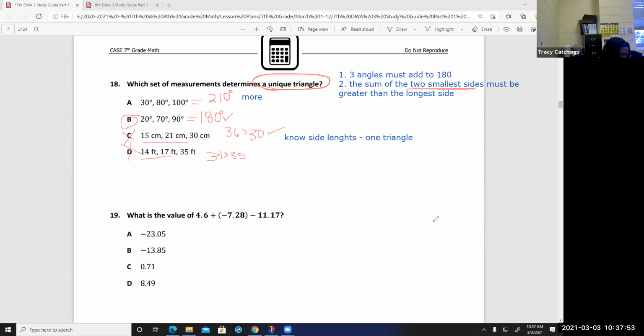All right, looking at 19. What are we doing? Find the value. So that means I need to type it in the exact same way I see it. So type in 4.6 plus a negative 7.28.